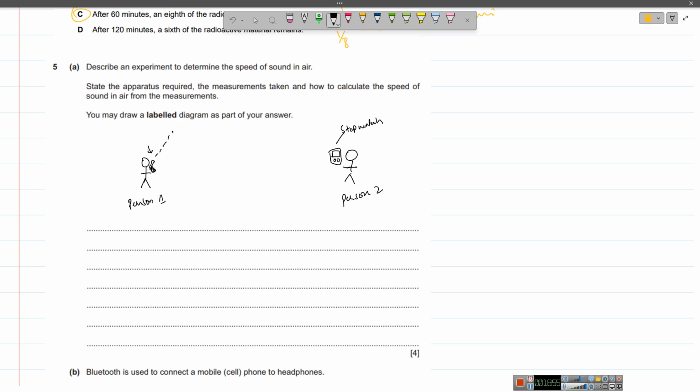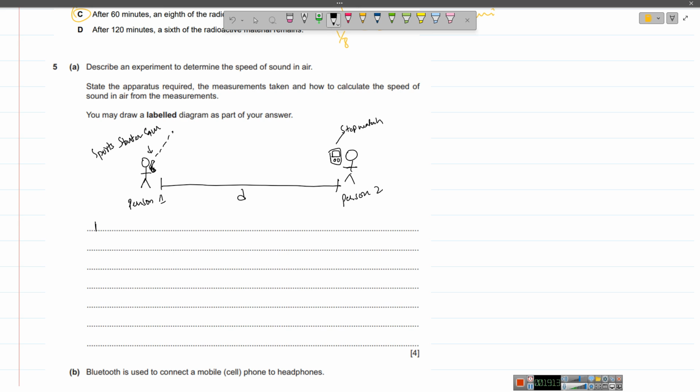Or you can say starter gun, right? One you use for sports, right? Sports starter gun, we call it, right? Whatever you use. So anything that can create sound. And then from here to here, this is distance, right?